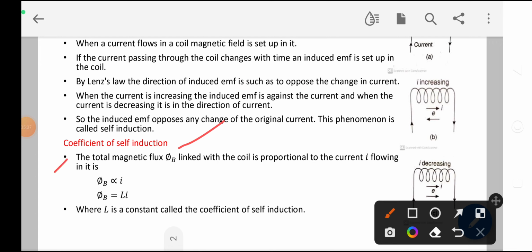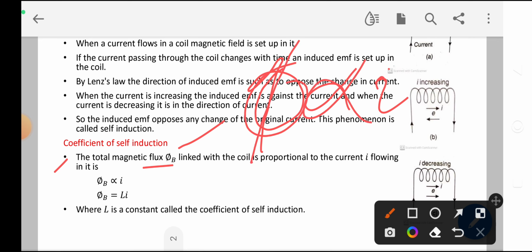How can we calculate self induction? The total magnetic flux phi B linked with the coil is proportional to the current I flowing in it. The flux linked with the circuit is always directly proportional to the current. If the flux is high, the current is also high.